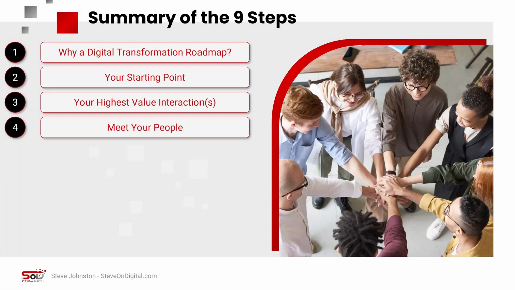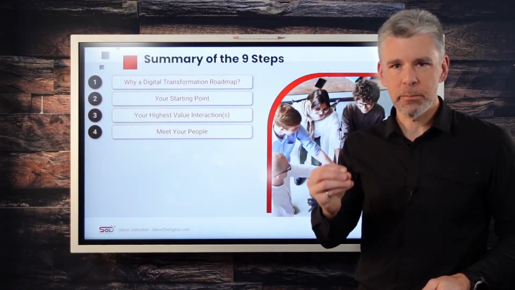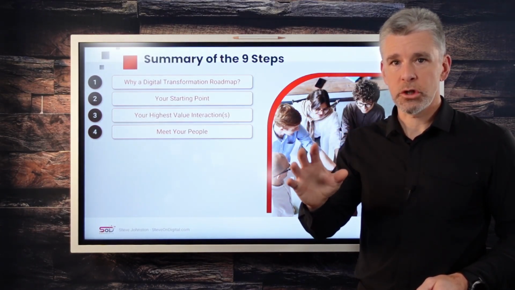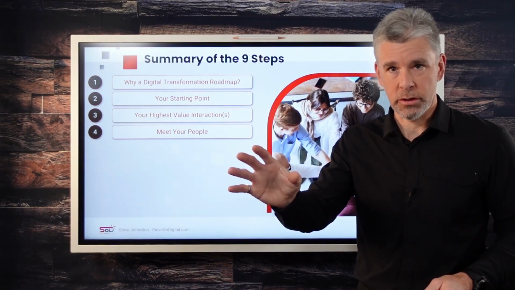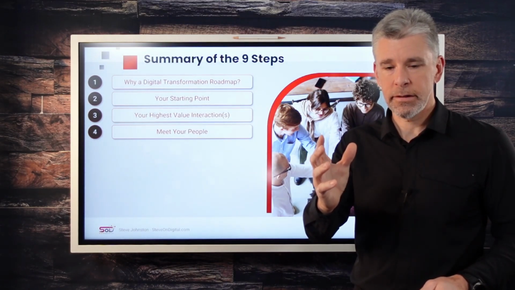Okay, and step number 4, meet your people, discuss with your people, sit with your people, make sure you're gathering the feedback, the inputs, the details that you're not aware of, to make sure that you are helping them eventually with the new processes, the new tools, the new ways of doing this.